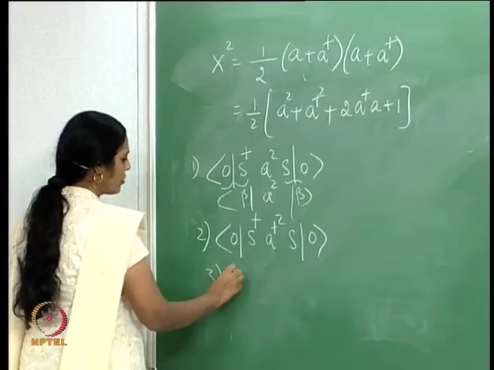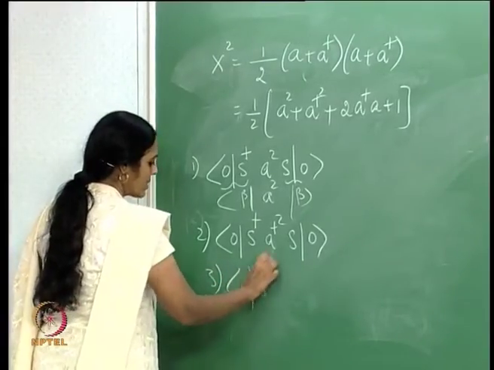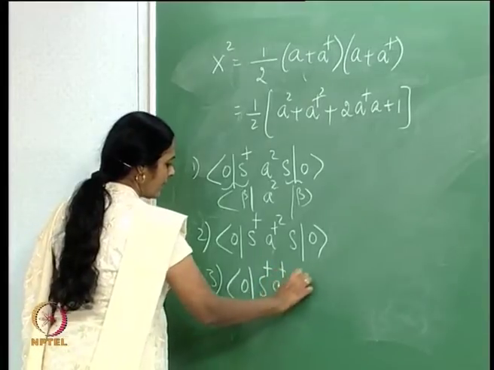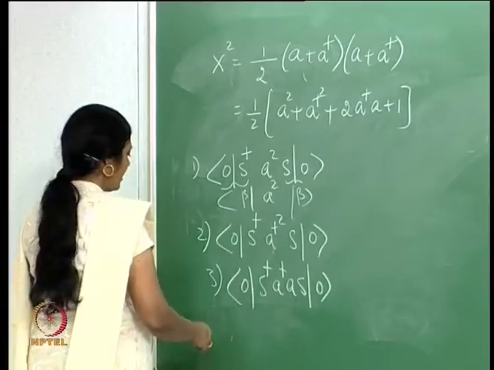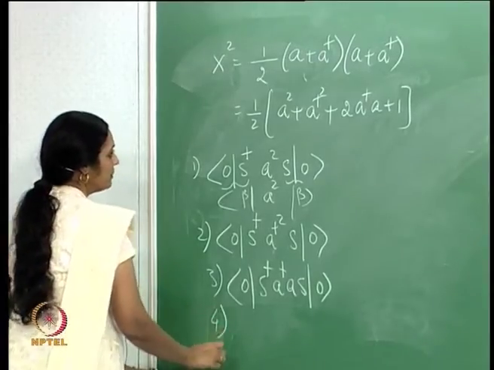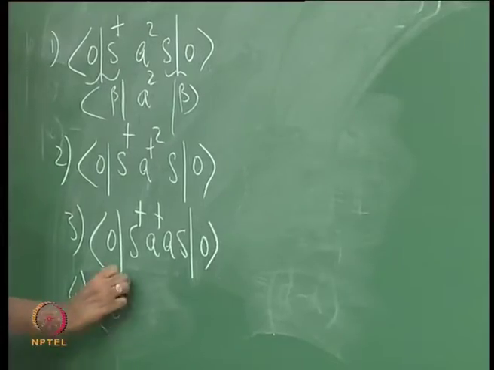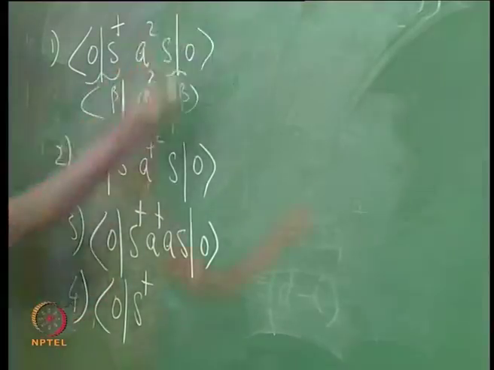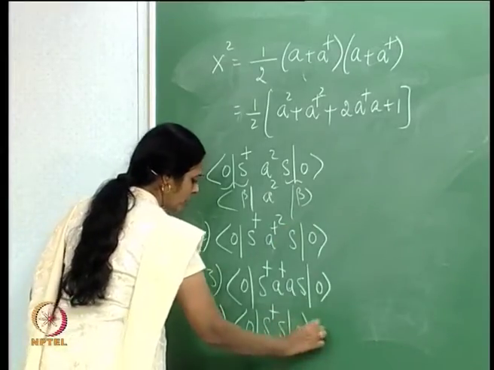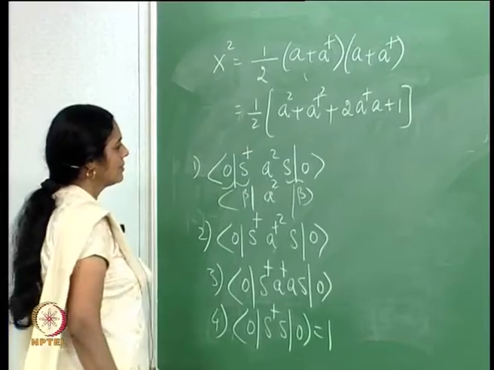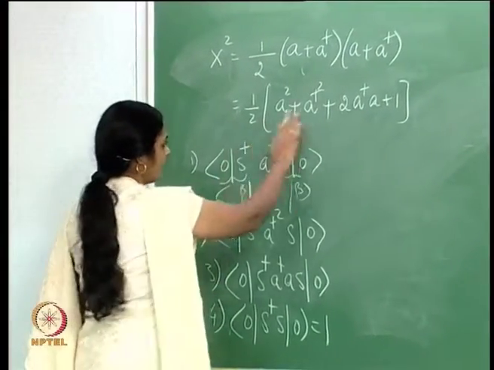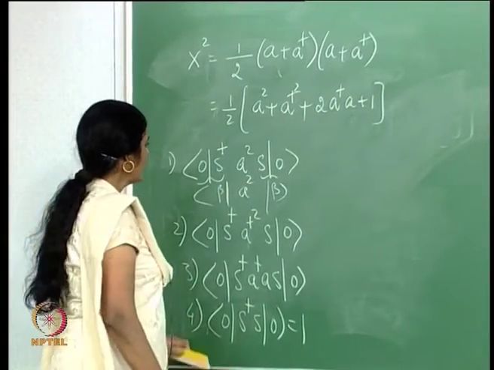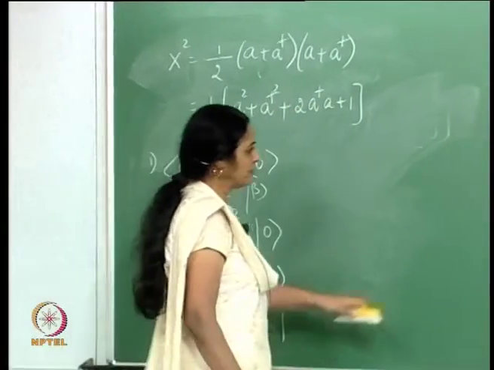The third thing we need to find out is 0 S dagger a dagger a S ket 0. The last term is clear. The last term is simply 0 S dagger, the identity operator, S 0, and therefore this is 1. There is an overall factor half multiplying these terms. So, we begin with the first term.